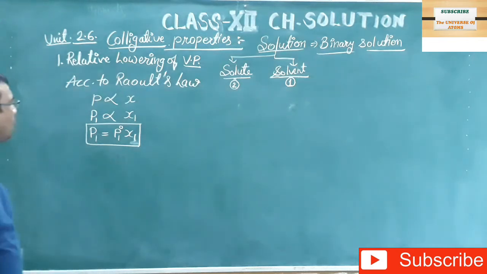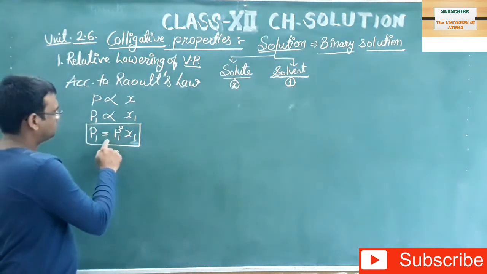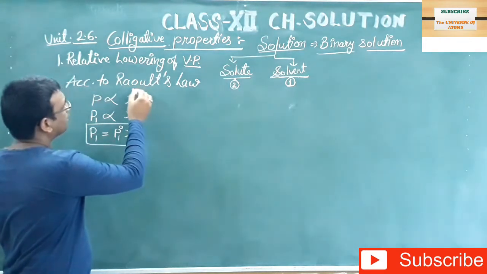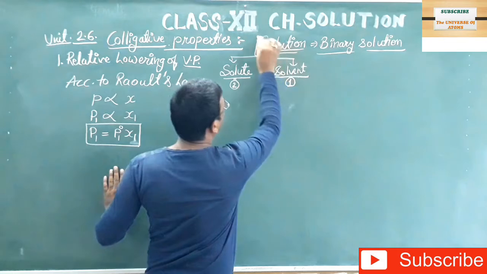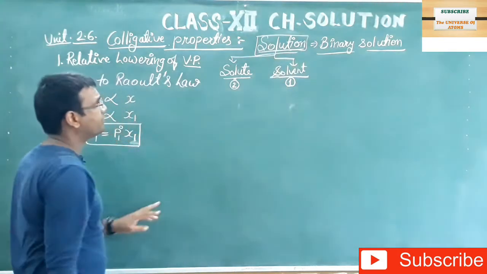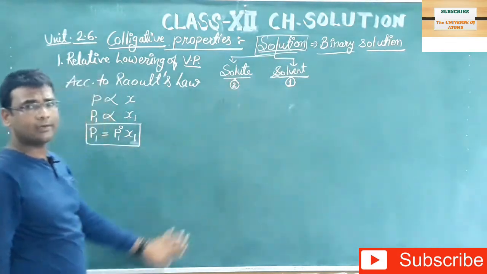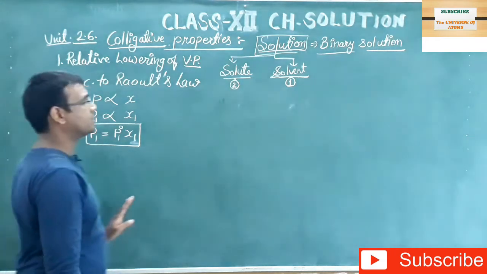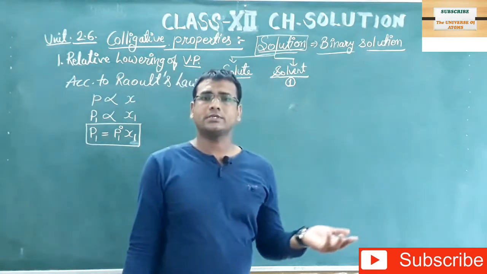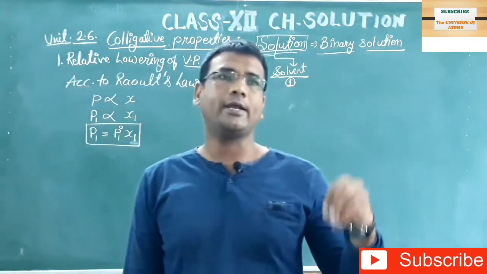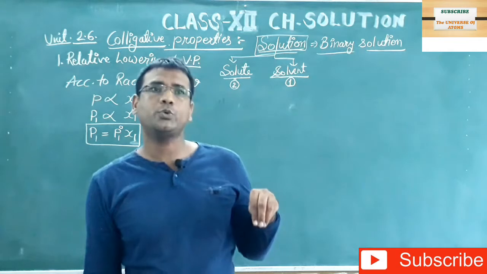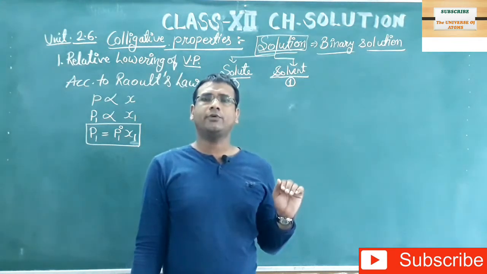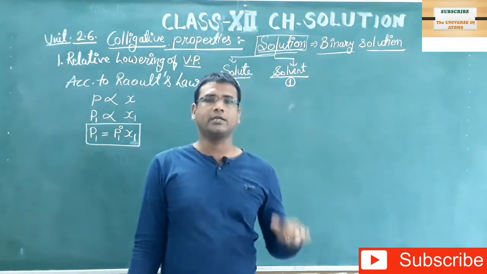Now, when you are talking about a binary solution in which the solute is non-volatile, what happens? Already we have discussed in the previous part that when we add a non-volatile solute to the solution, the vapor pressure of the solution is decreased.